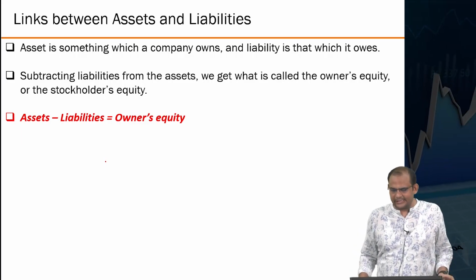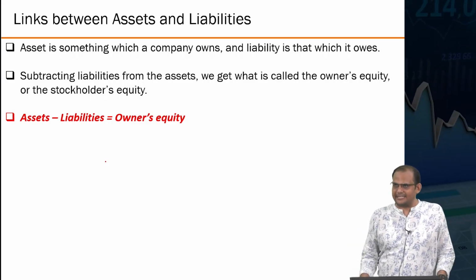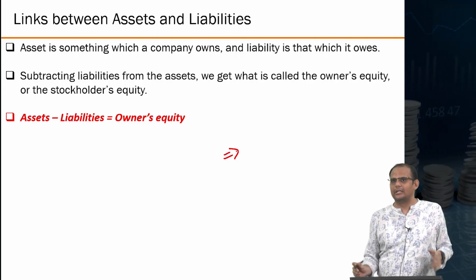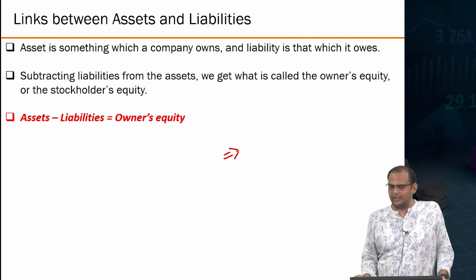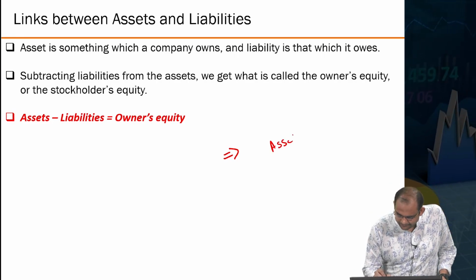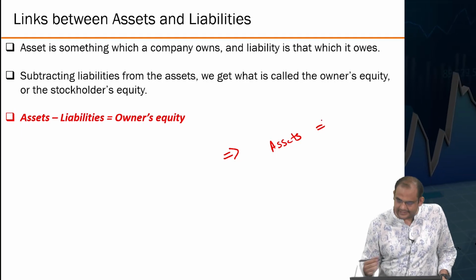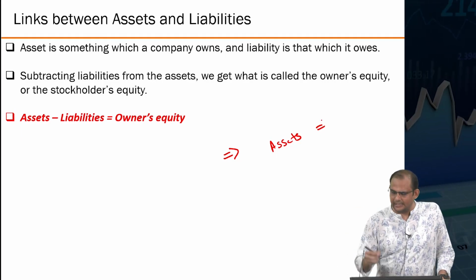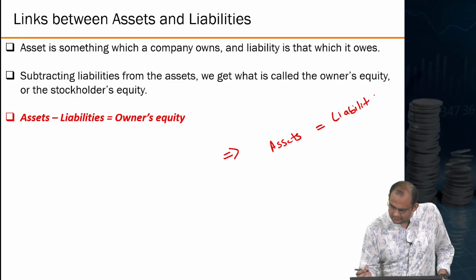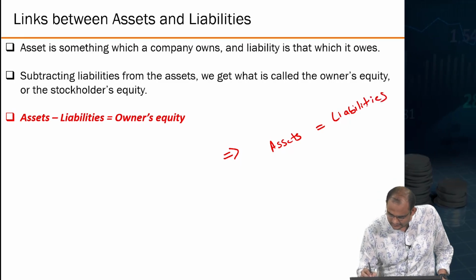There are also linkages between assets and liabilities. In principle, in the current financial system that we follow, or the kind of notation that we follow, at any point of time for a company, the sum of all the assets has to be equal to the sum of all liabilities.